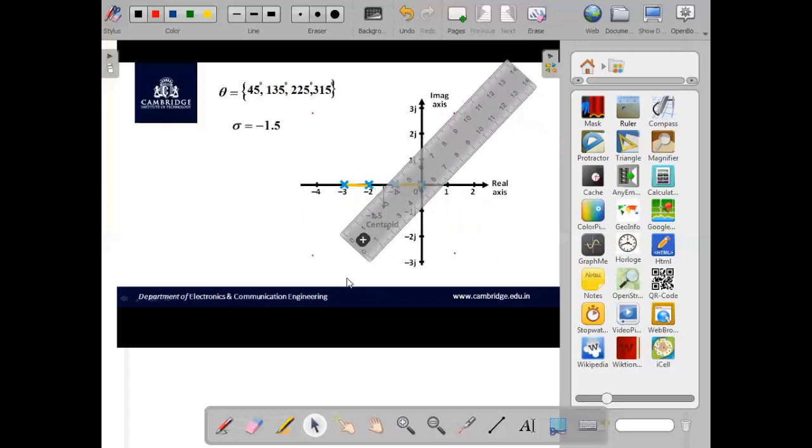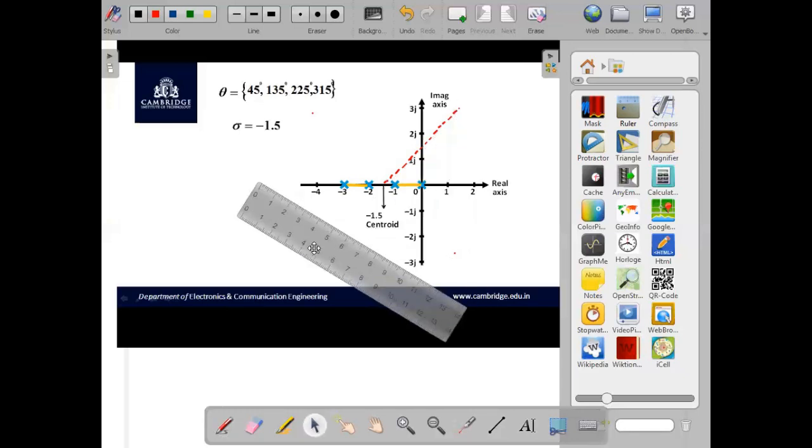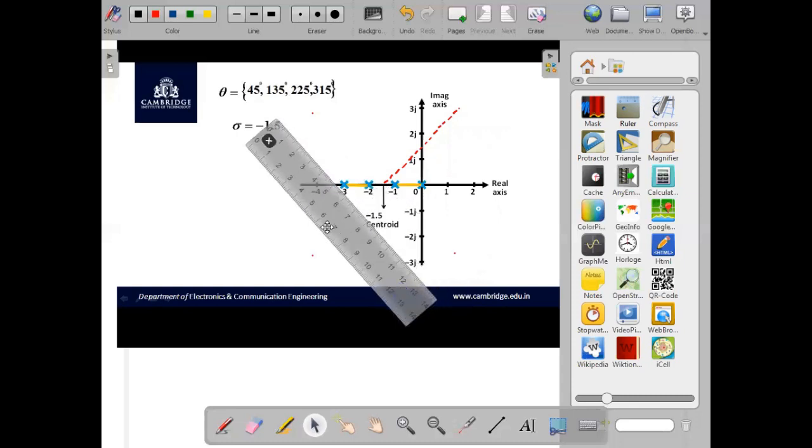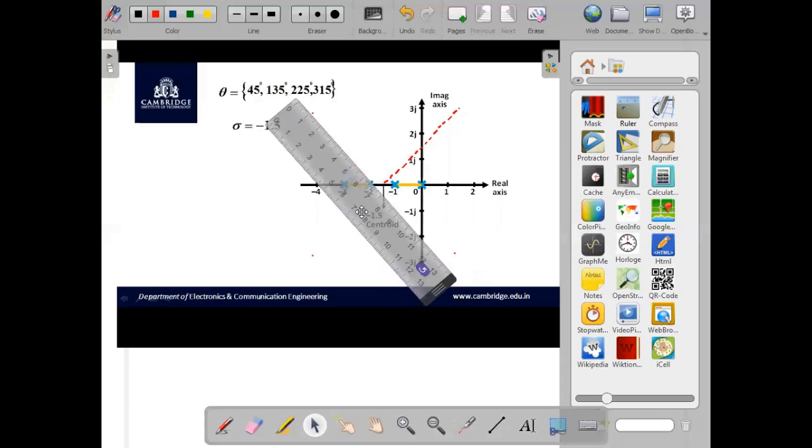Now with centroid sigma equal to minus 1.5 as a reference, let me plot the first asymptote at theta equal to 45 degree. Again with sigma equal to minus 1.5 as a reference, we draw the second asymptote at an angle of exactly 135 degree.